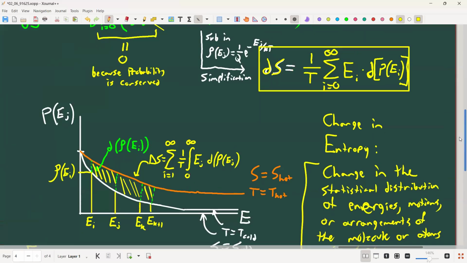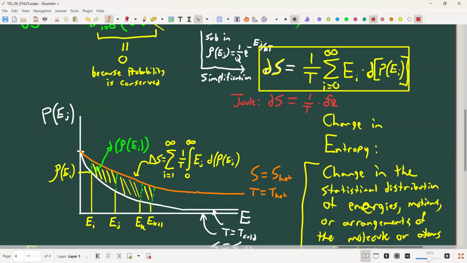Okay. And I just wanted to look really quickly. Remember that we said that Joule said that the change in entropy is 1 over temperature times the change in heat, right? So we get the exact same expression. Entropy is inversely proportional to temperature.